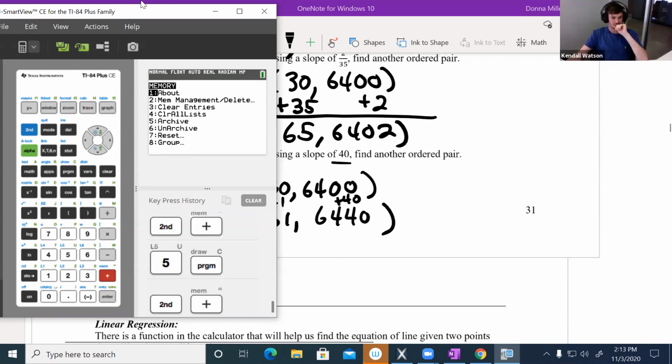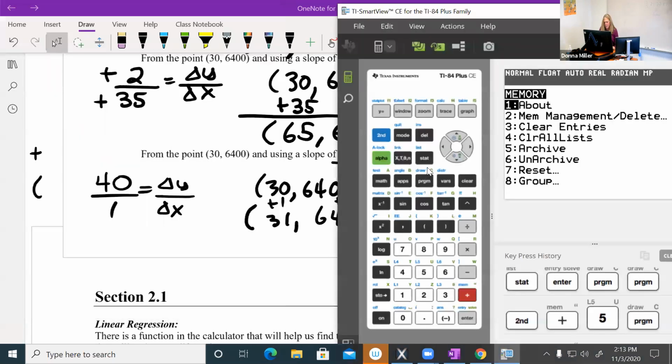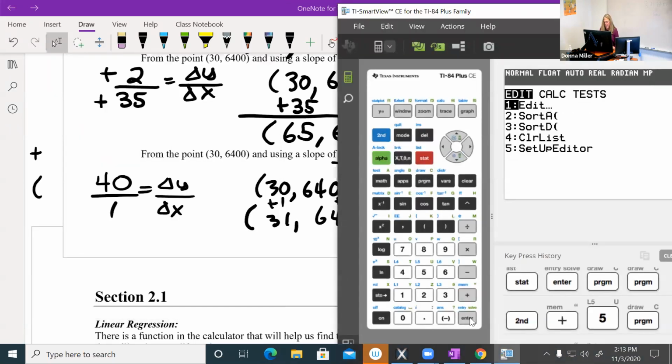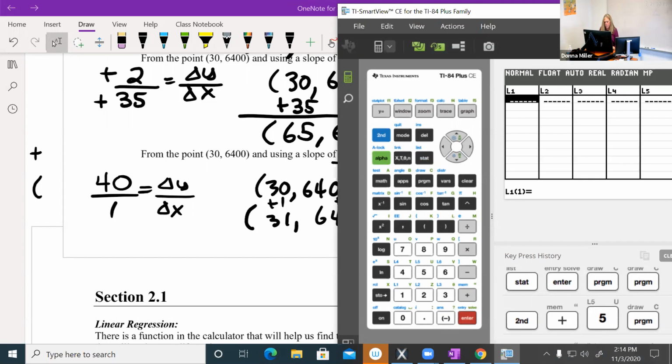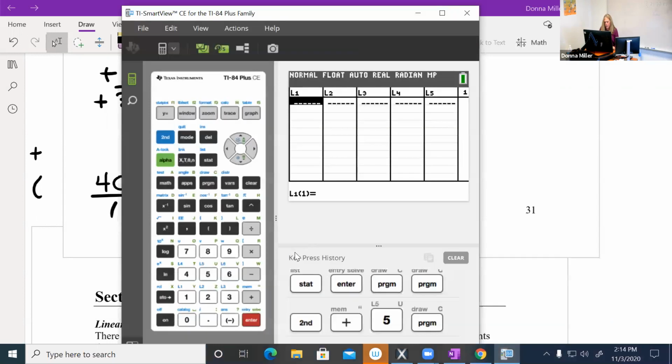All right, so let's just go back and put these points in just for the experience of it. I'm going to press stat, edit. I'm going to put 30, 6400 in there. Sorry, 6400.